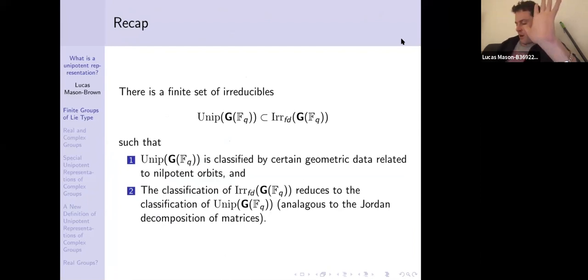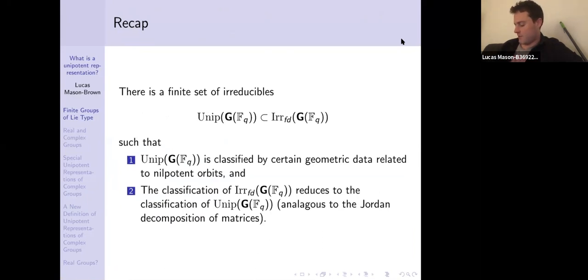So just to summarize what we've seen so far, in the world of finite Chevalley groups, there's a finite set of irreducible representations called unipotent representations with the following two properties. The set of unipotent representations is parameterized by some data related to nilpotent coadjoint orbits for the complex dual group.